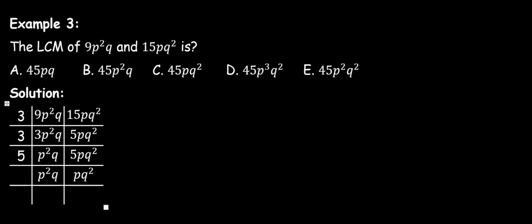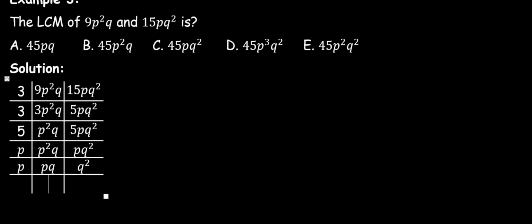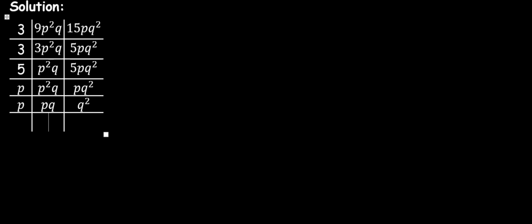Starting from p. p divide p²q, you will be left with pq. And p divide pq², you will be left with q². Next, we can still take p, since our values still have p. Once p divide pq, you will be left with q. So we just bring down our q².